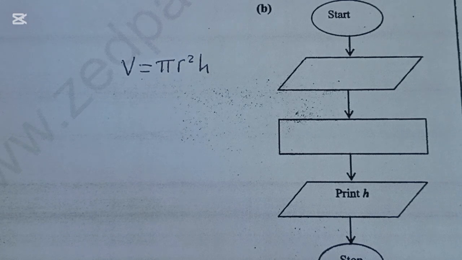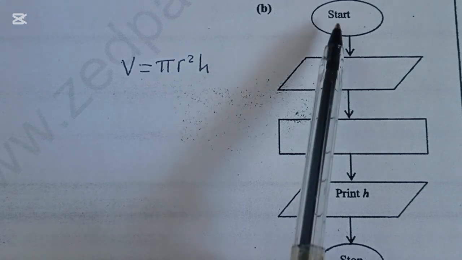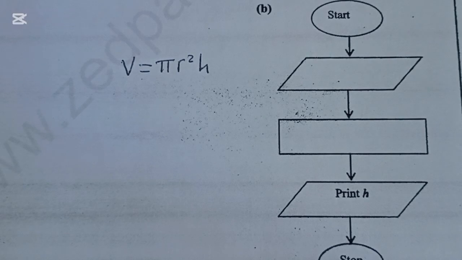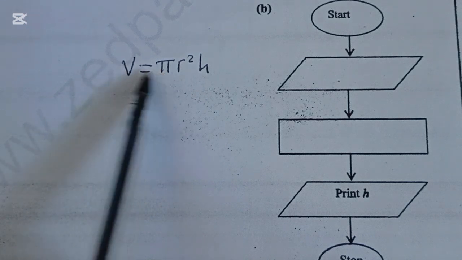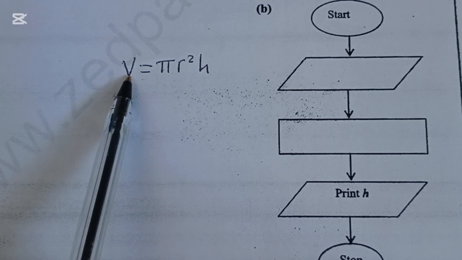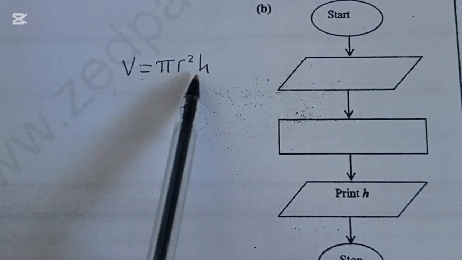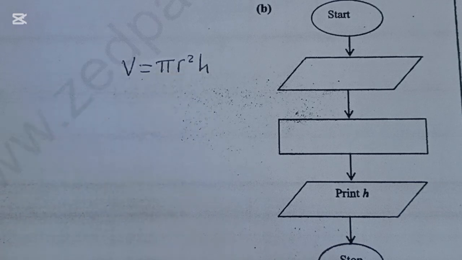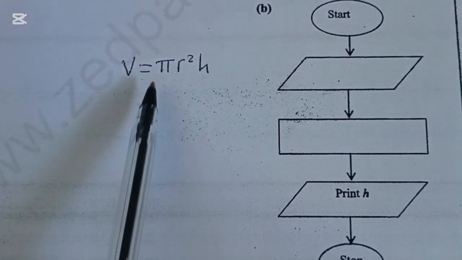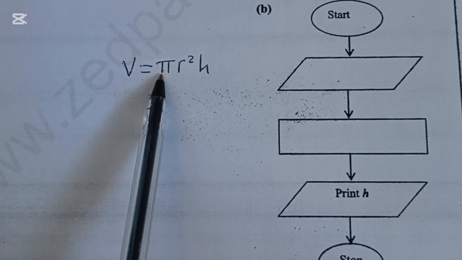So now the program, you start the program. The next thing that we are going to do is the inputs, where you are going to input what you have: V, R, and H. These are the values that we are going to input. Remember that pi is constant, so there is no need for you to input the pi.